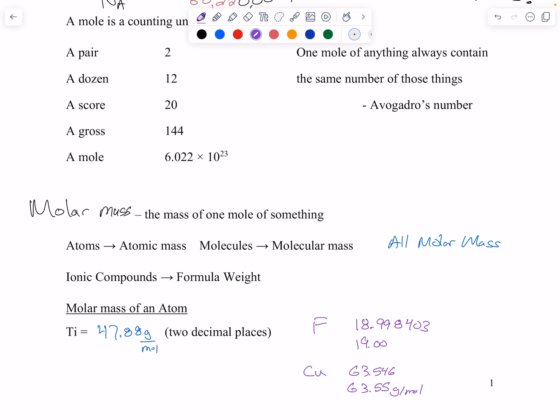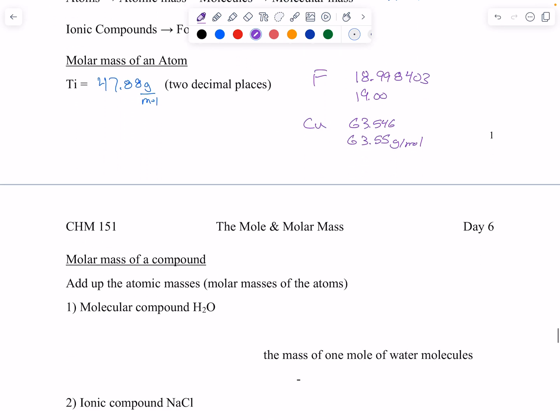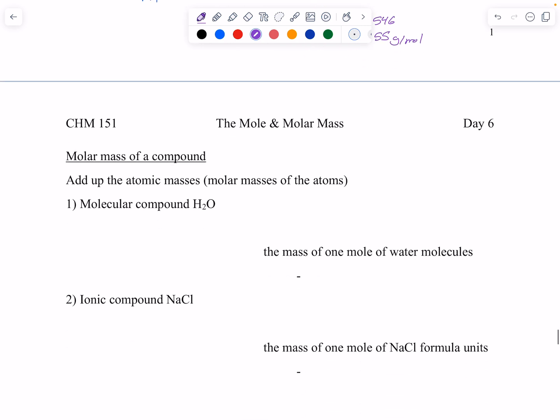With compounds, all right. So we look at a compound. H is 1.01 and O is 16.00, if I do 2 decimals. Well, there's 2 H's, so that's 2.02 plus your 16.00.